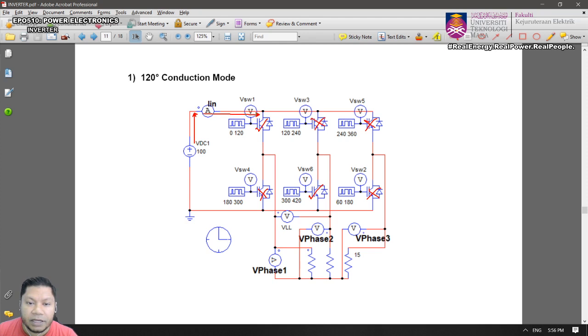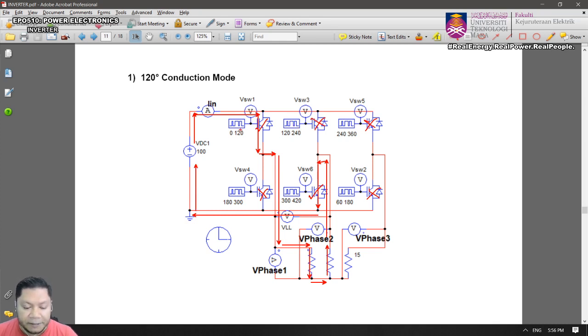It will flow into the first switch, switch 1, and then into the phase 1 load, and then it will connect to the phase 2 load, but in the opposite direction, isn't it? Then into switch 6, and finally come back to the negative terminal.